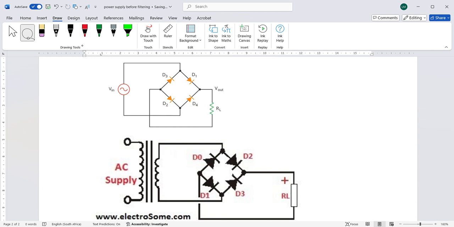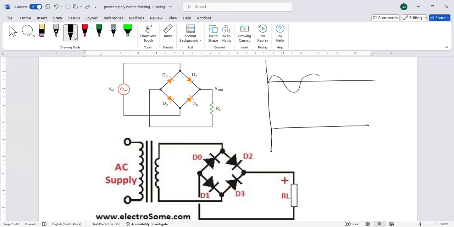Cool. So in this case, only two diodes are working at a time. Let me repeat, only two diodes are working at a time. So let me show you here. For both of them, you will have the top one as the input.